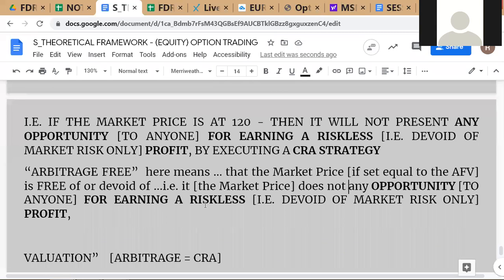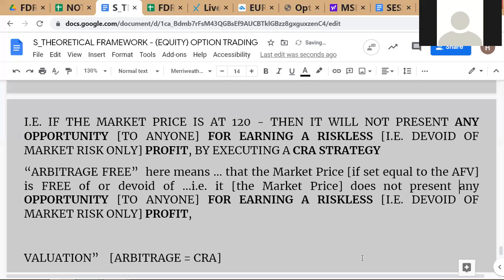We say that the arbitrage free value for the long euro-yen position is 120, which means if the market price is 120, here arbitrage free means that the market price, if set equal to the AFV, is free of or devoid of any arbitrage opportunities. That is, the market price does not present any opportunity to earn a riskless profit. That's what it means. So arbitrage free means free of arbitrage opportunities.